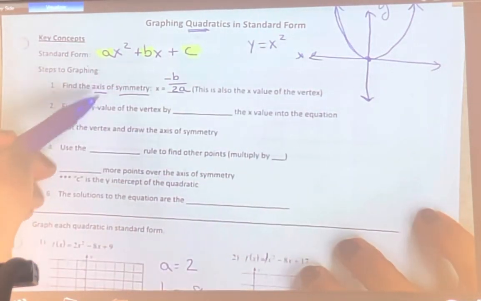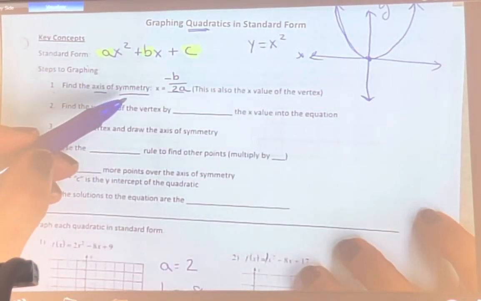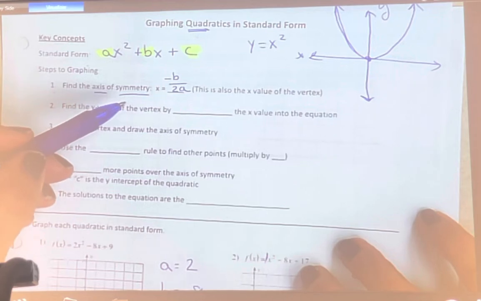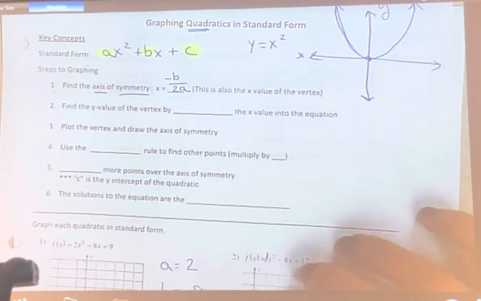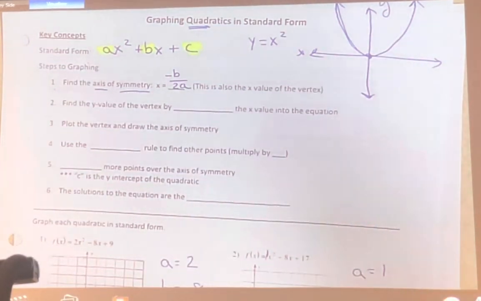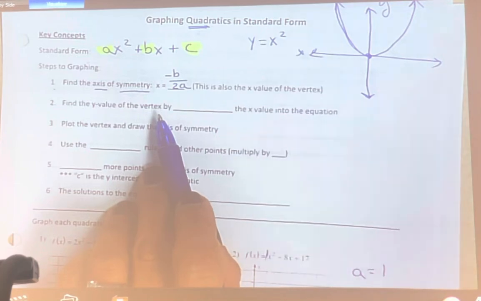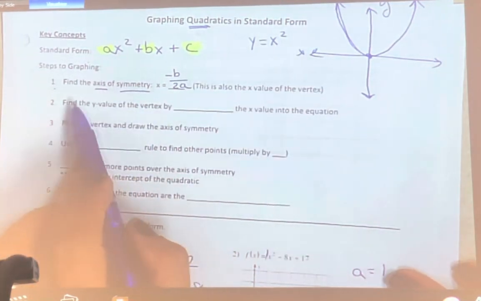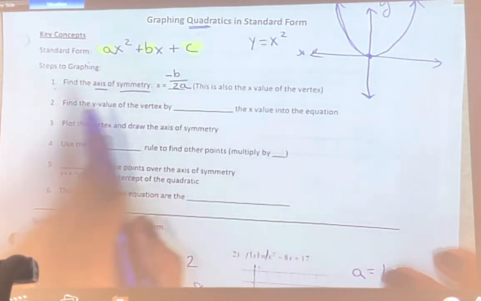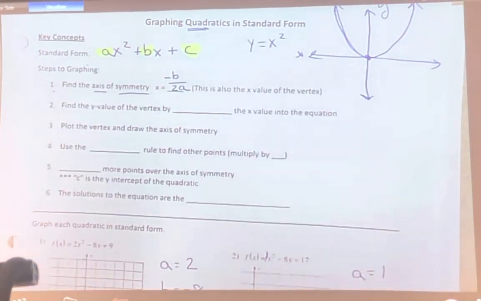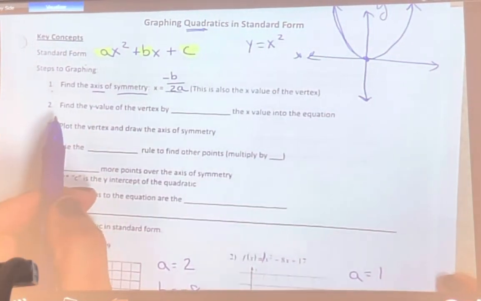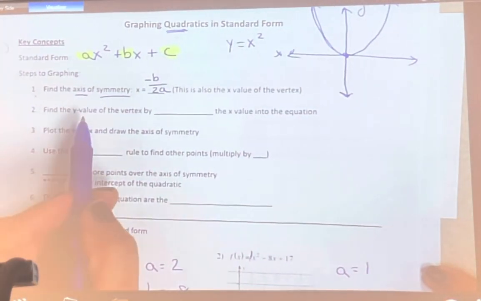So your axis is going to go straight down the middle. And symmetry, what does symmetry mean to you? When something's symmetric, which means it's what? The same on both sides. Okay, so that's going to help us plot points when you know that. So we always want to think about what these words are saying, and it will start to make the picture come into focus. All right, number 2, find the y value.